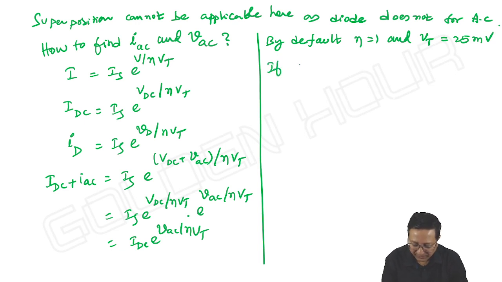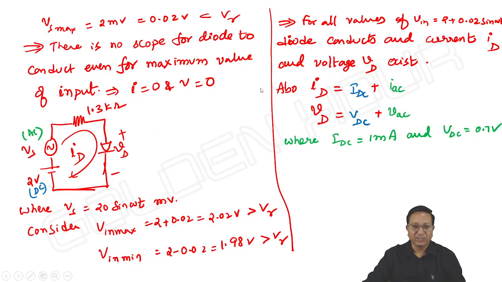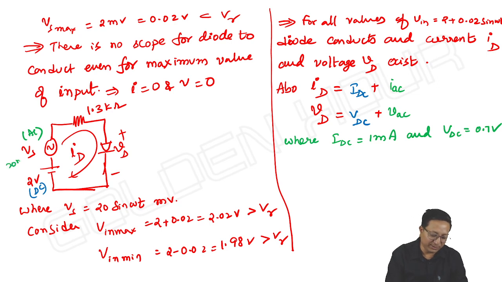Suppose VAC is far less than eta Vt, meaning it is far less than 25 millivolt. It is possible because if you observe this circuit, you are giving both DC and AC. Suppose I give some 20 millivolts AC, then there is a drop across the resistor and some drop across the diode.